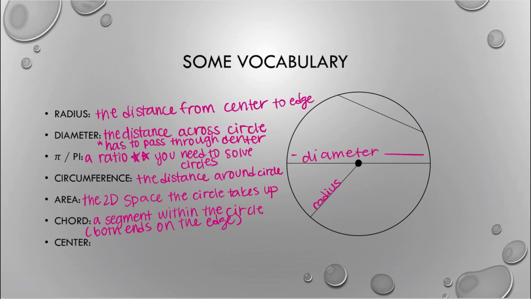That's not a chord. This one up here is a chord because it touches the edge on both sides. So that would be a chord. It's not the diameter, although a diameter I guess could be classified as a chord. But a chord really is just any line where you're touching the edges of the circle, but it doesn't go through the center. And the center is the middle of the circle, I guess.